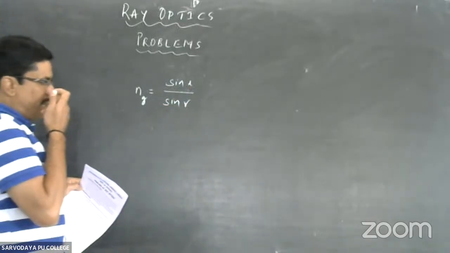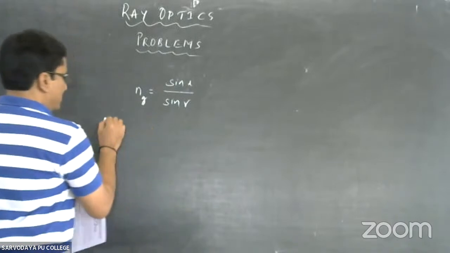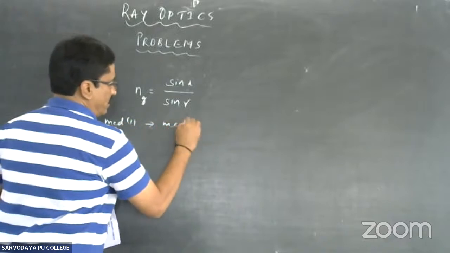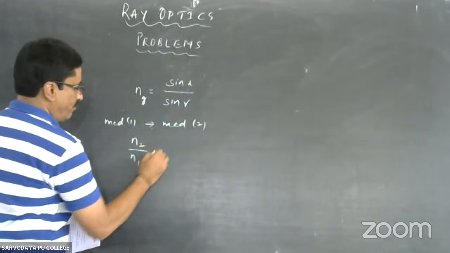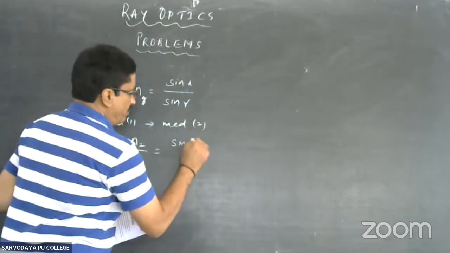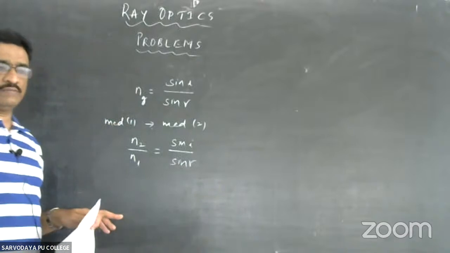If it is traveling from medium 1 to medium 2, then we can easily consider this formula, that is, n2 by n1 will be equal to the ratio sin i by sin r. This one we can utilize.